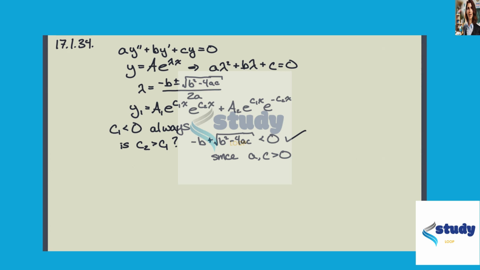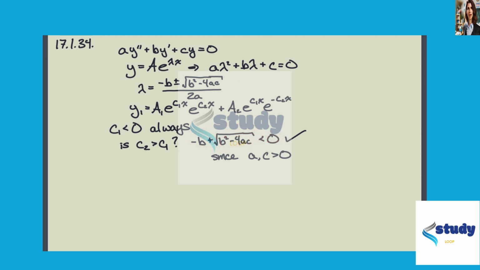What we can see is that this square root is always going to be less than b, because 4ac is always positive, so b squared minus 4ac is less than b squared, and the square root of that is less than b. So this thing is always going to be less than 0.